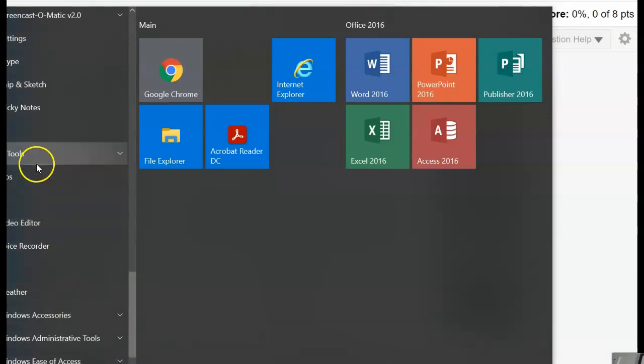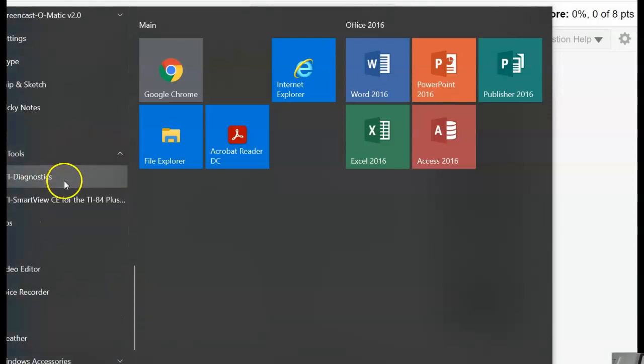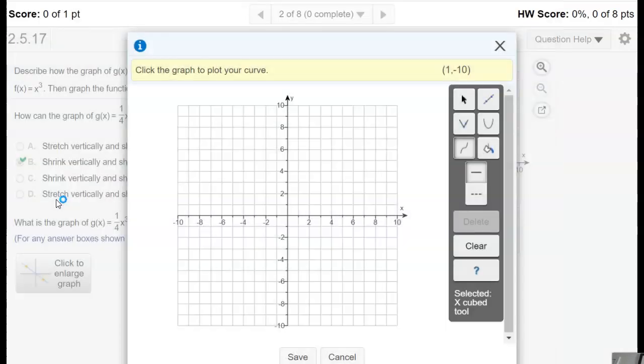There we go, TI tools. So it's trying to open my graph right now. While I'm waiting for it to open, what we're going to do next is go to y equals, and then key in the 1/4 x cubed, and then minus 6.